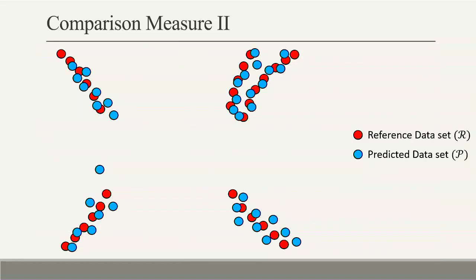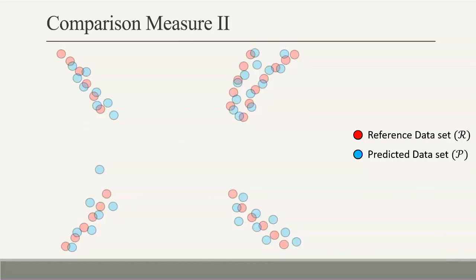But the other way that I use is that I can measure a distance between the points of these two sets. So what I can do is choose the first point in my reference set. There are two things. First, the number of points in my reference set and my prediction set are not necessarily equal.